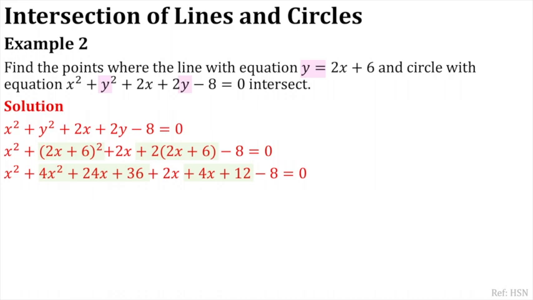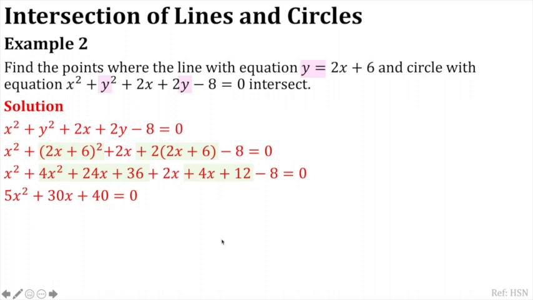Now, if we collect like terms, so you can see we've got 5x squared here. For our x terms, we've got 24x, a 2x and a 4x, so altogether that gives us 30x. And then for our constants, we've got 36, 12 and negative 8. So altogether that gives us 40.